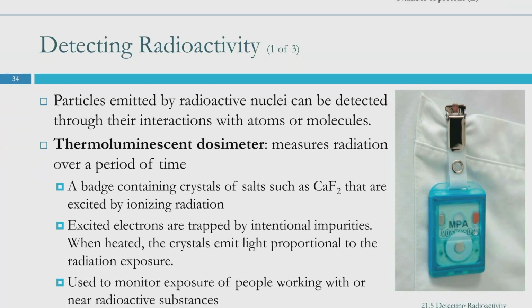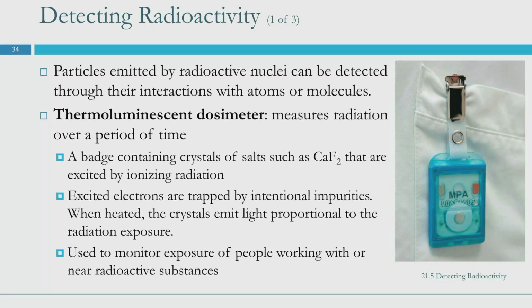There's a bunch of ways to detect radioactivity. One of the ways is you can wear these little dosimeters, like badges. If you work around radioactivity, typically you would have one on your chest, and then you might also have one on a hard hat or something, depending on where you work. You might have two or three of them.